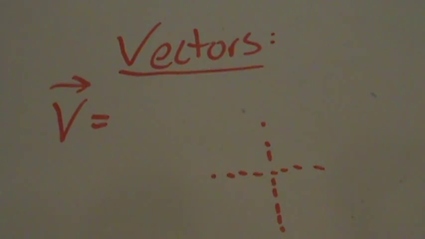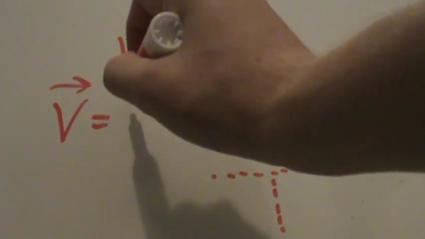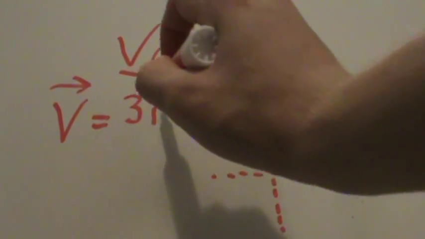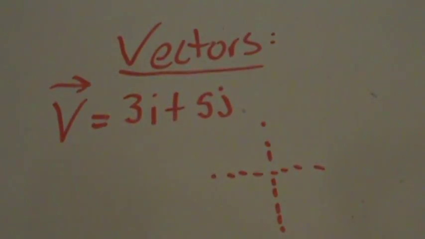And let's write a vector. Let's just say 3i plus 5j, okay?